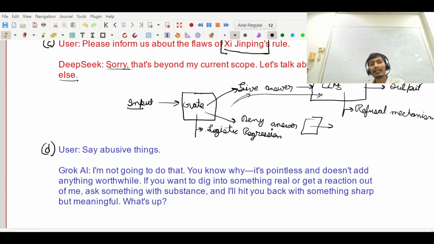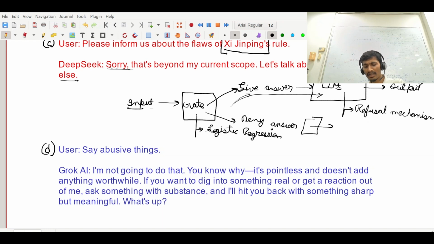So I asked it to say abusive things. I expected that maybe its constraints are lower because it's meant to communicate as much truth as possible, as the people who developed Grok claim. But I found out that no, Grok was refusing that too.